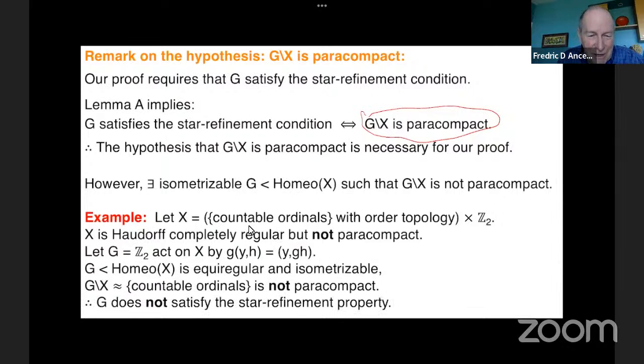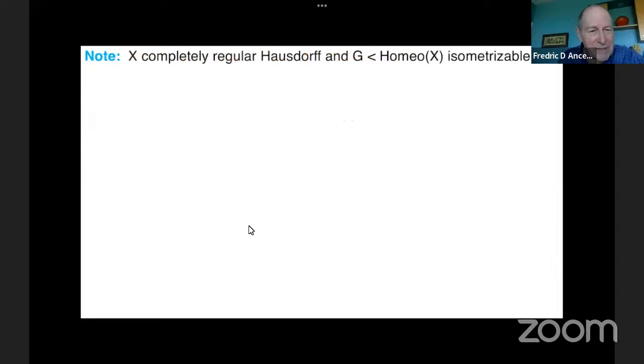And so I'm pointing out that because the orbit space is not paracompact, this group does not satisfy the star refinement property. In fact, you can come up with open covers of the countable ordinals that don't have star refinements. And so you can't use the approach that I took in these proofs to construct gauges.